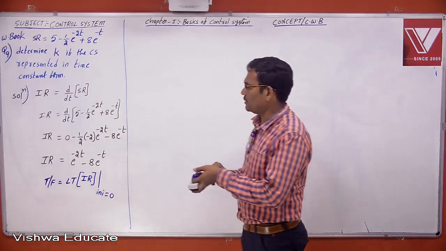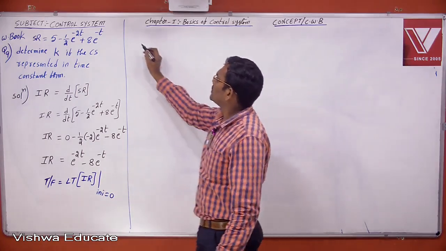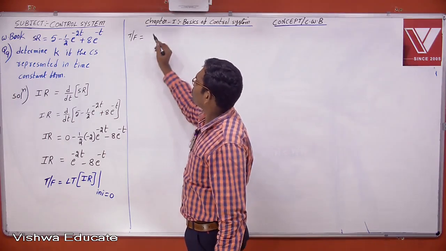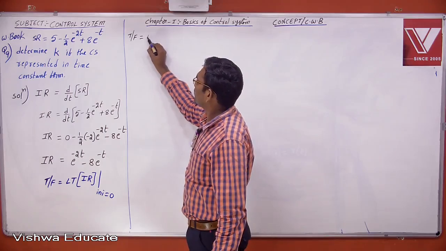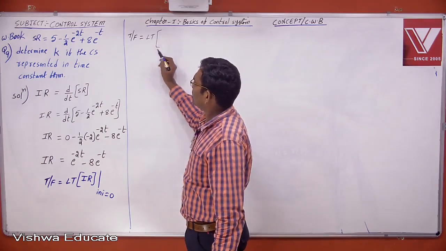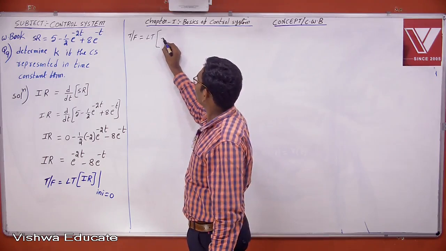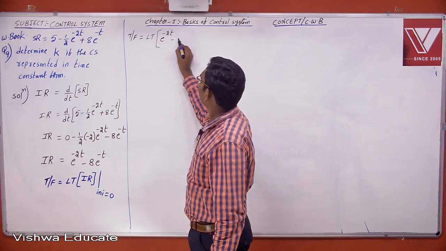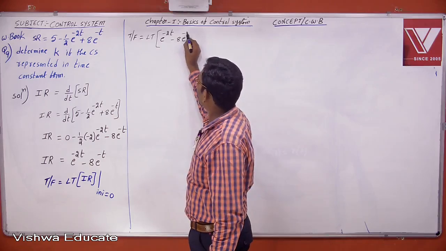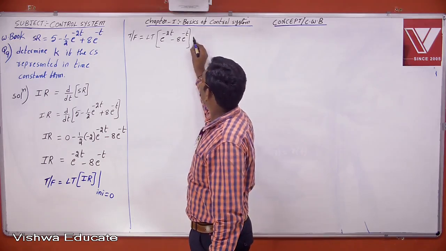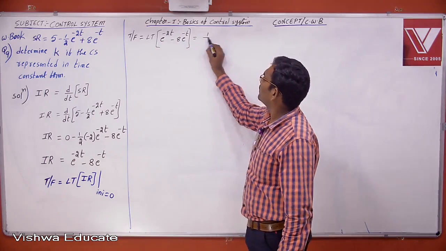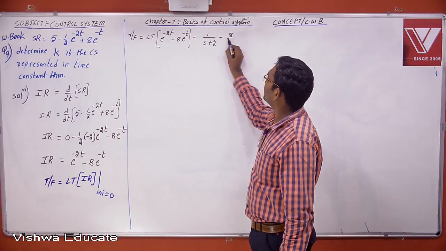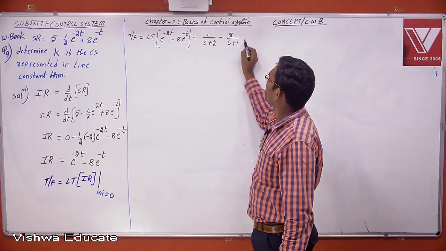What is the transfer function? Now the Laplace transformation of the impulse response is nothing but the Laplace transformation of, what is the impulse response? e power minus 2t minus 8 into e power minus t. Therefore, which is nothing but 1 by s plus 2 minus 8 by s plus 1.